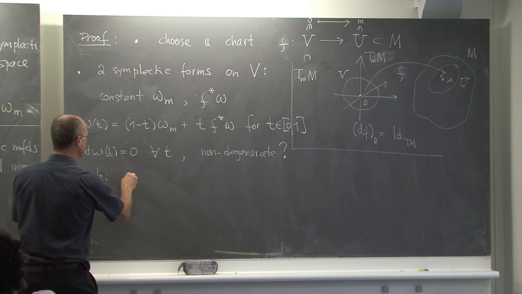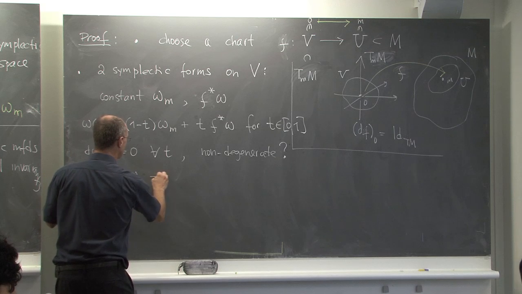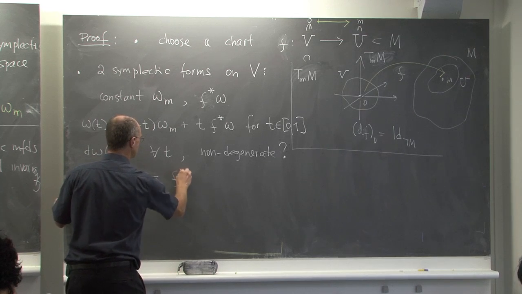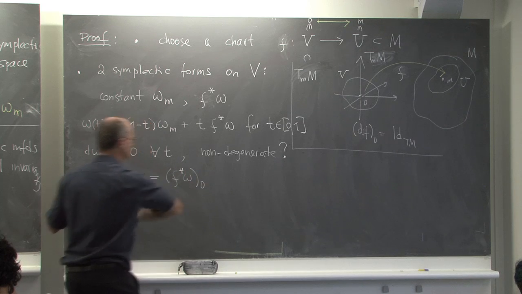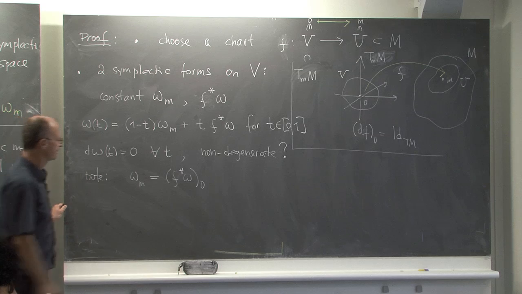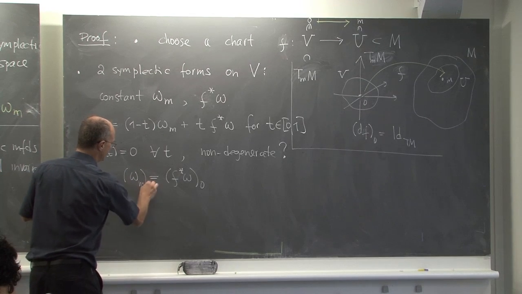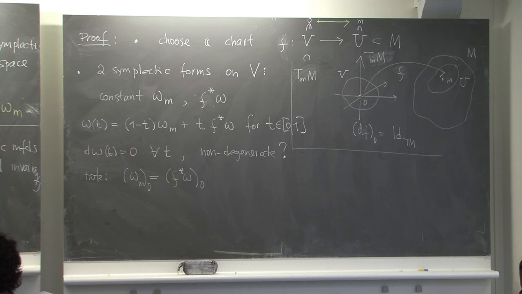So note that omega_m is just equal to phi star omega computed at 0. Or this one we can also restrict to 0 because it doesn't matter so much.